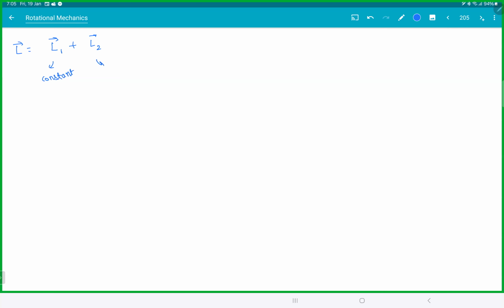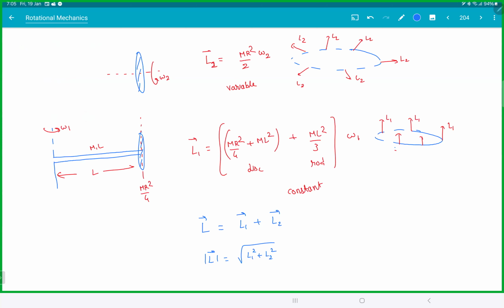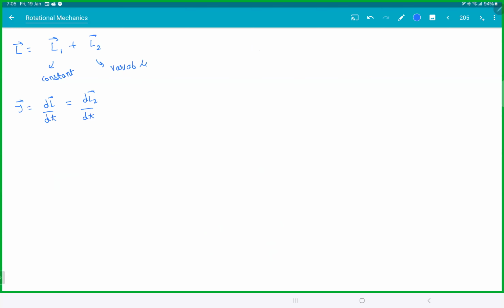This is constant and this is variable. The torque is equal to dL by dt. Since L1 is constant, we just try to take dL2 by dt. The problem is the magnitude of L2, so I know the direction looks different. This is how we take care of it.